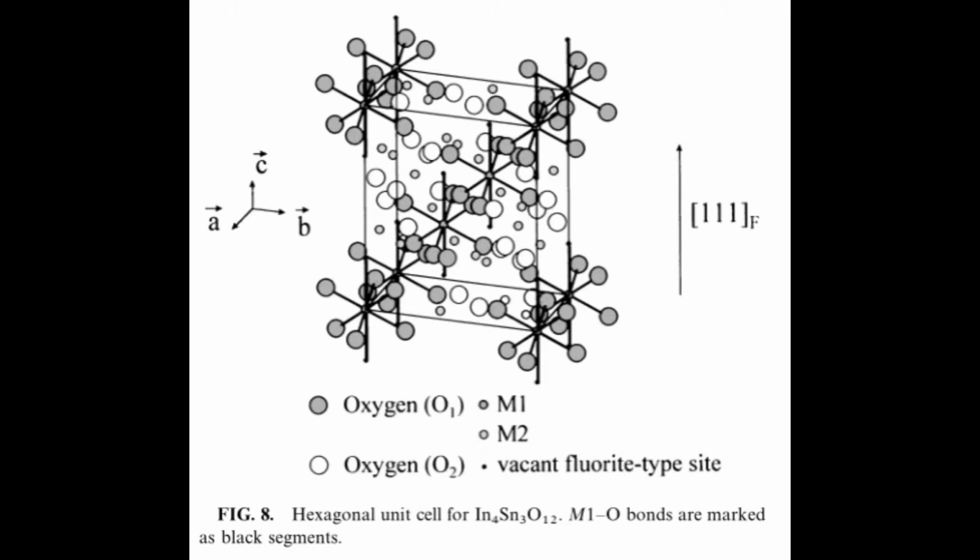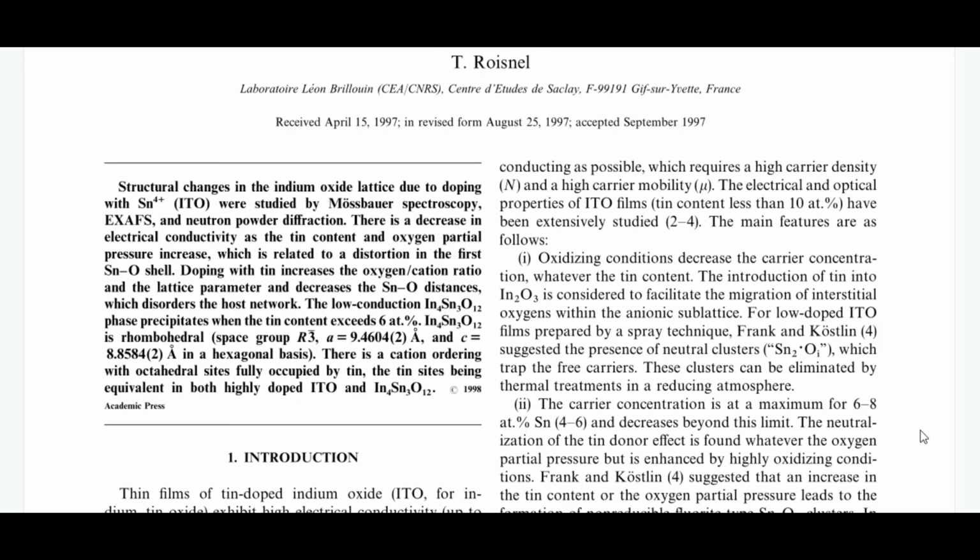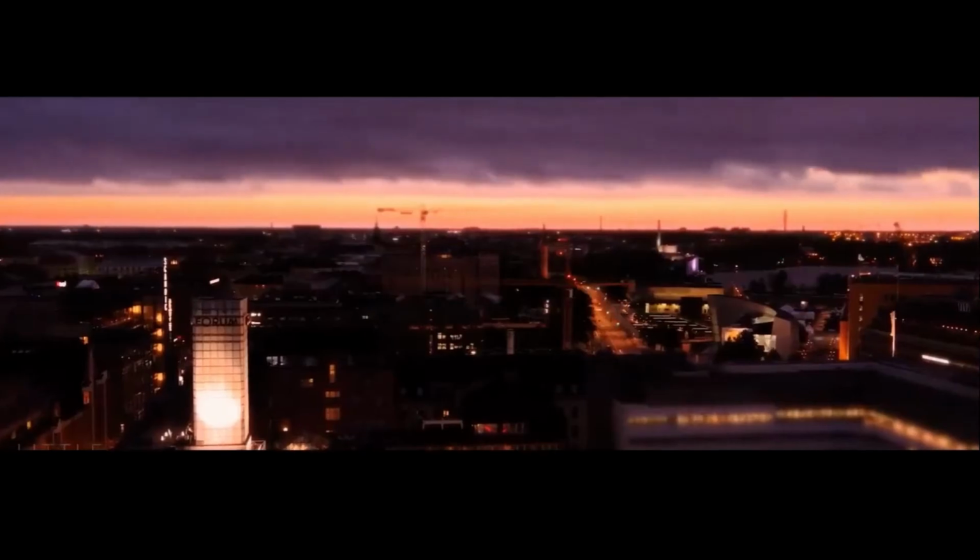Here is a hexagonal unit cell of ITO. The structure of ITO is determined by neutron powder diffraction. ITO is rhombohedral, space group R3, in a hexagonal basis. The detailed parameters are shown here.